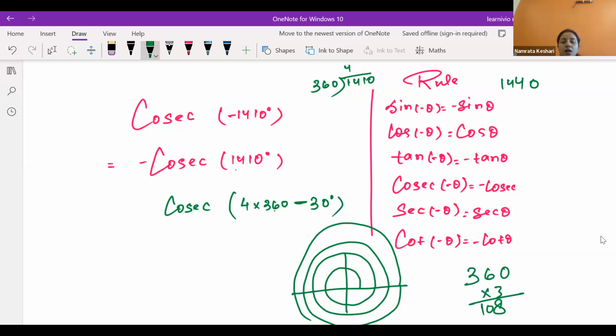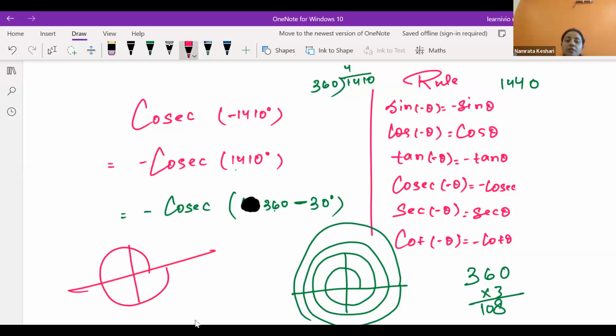Now you can take this one just for now. 3 times completely we have covered. The fourth time we covered, from here to here, we realize, oh my god, I have taken a greater angle, greater than 1410. So I will come back, and I will stop here. Getting it?